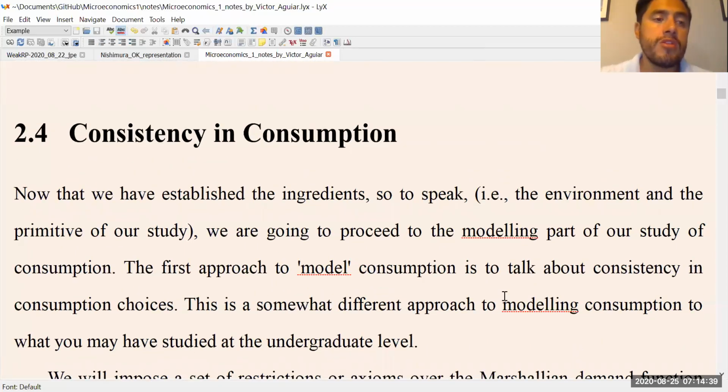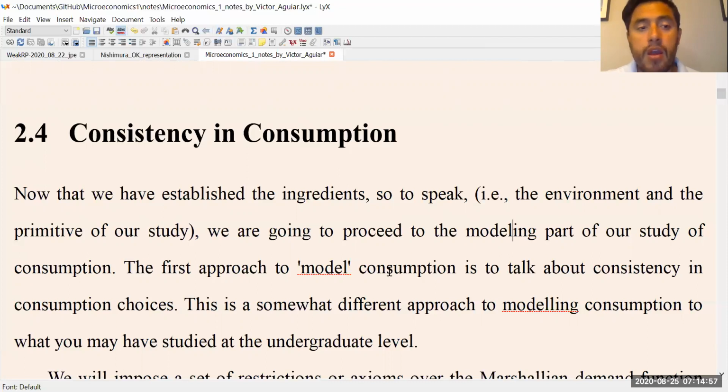Now, consistency in consumption. Now that we have established the ingredients, so to speak, the environment and the primitives of the study, what is the environment? It is the commodity bundle space, where we have positive prices, positive income, and a demand function. So now we're going to proceed to the modeling part of our study. Initially, I'm not going to go to a utility maximization part.